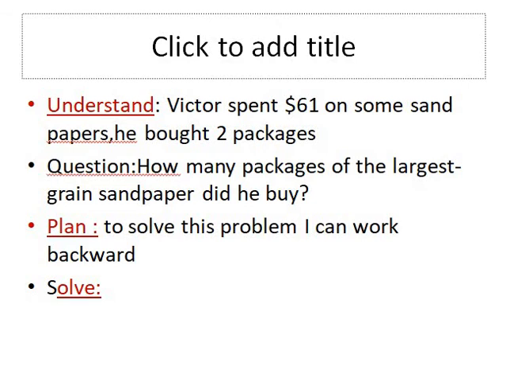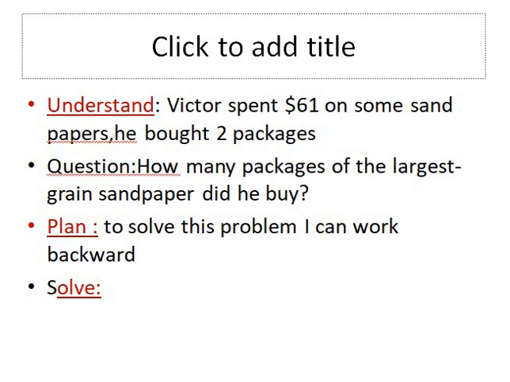So as you can see, I first understand the information in the question, then I understand what they ask us to do. After I understand, I plan. I plan to use operations. Which operation will I use?